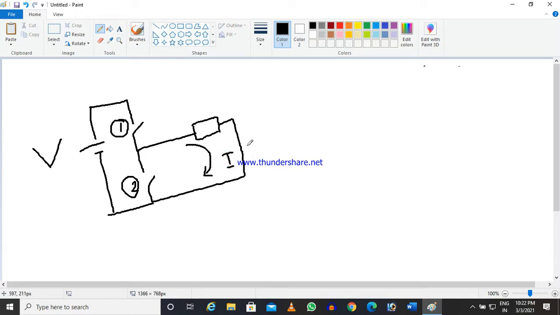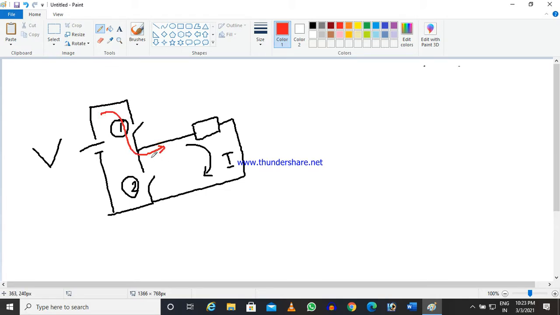Now you see, basically switches S1 and S2 will be switched in a complementary fashion. Means when S1 is on, S2 is off, and vice versa, and this way we are generating the AC voltage. When the switch S1 is closed, the load current flows through it like this.